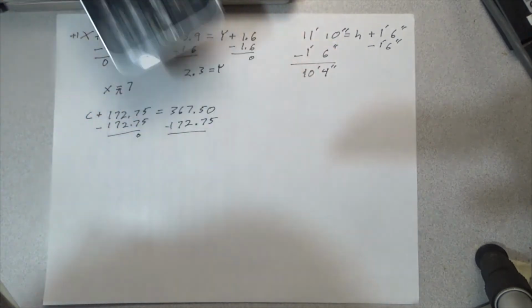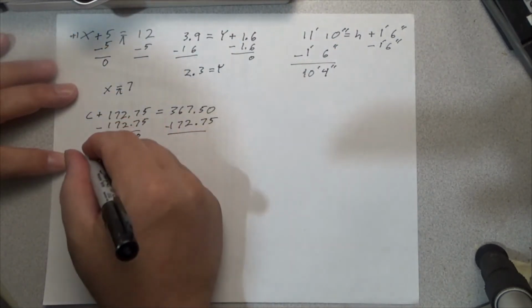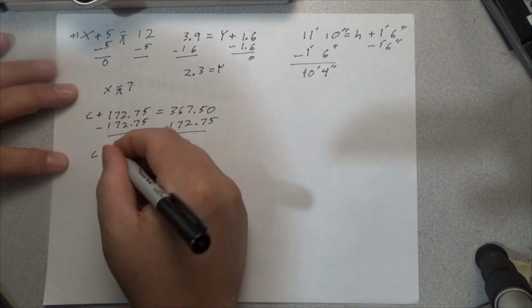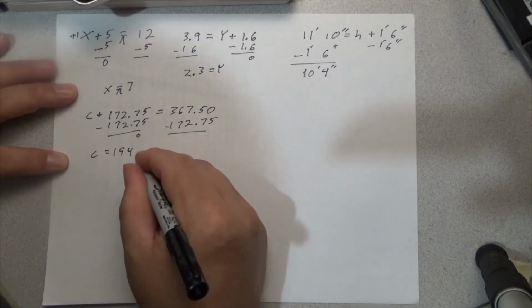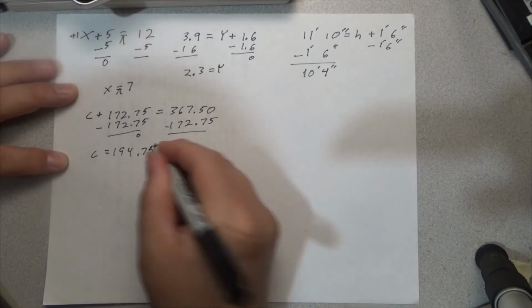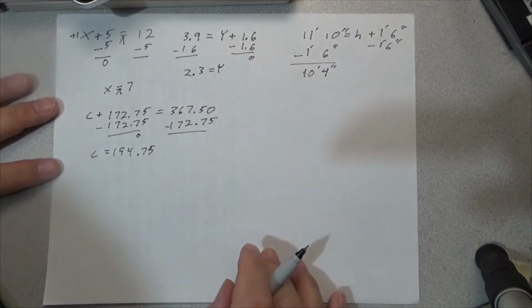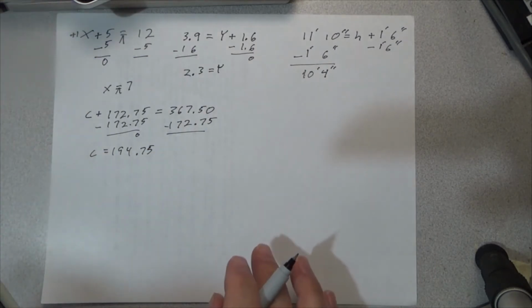So C is 194.75. So that was the cost of that merchandise.